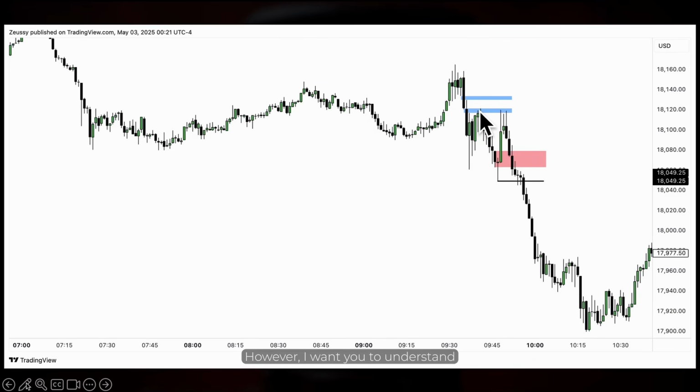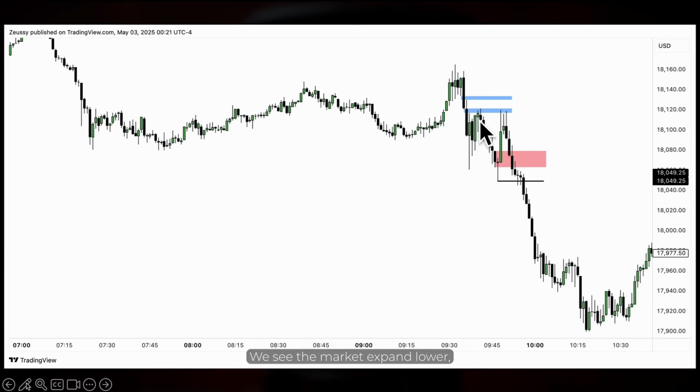However, I want you to understand that when it comes to entry patterns and becoming good at recognizing them, all you do is pay attention to where price expands from. So this is point A, and let's say that point B is down here. You look for an expansion lower, a retracement higher, and you pay attention to where the high of that retracement forms. And what you can see is that it forms inside of this CB right here.